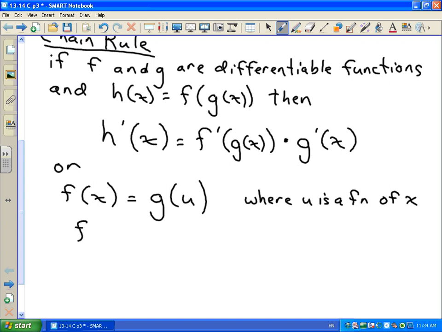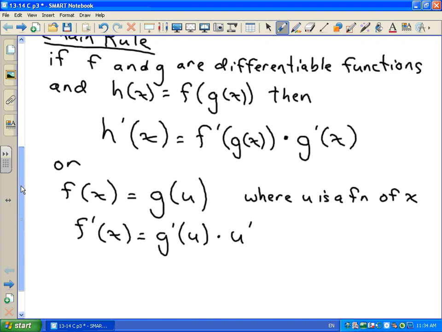Then our derivative, f primed at x, is going to be g primed at u times u primed. Okay. So whatever is inside that function, we take the derivative of our outer function, multiply it by the derivative of that inner function.